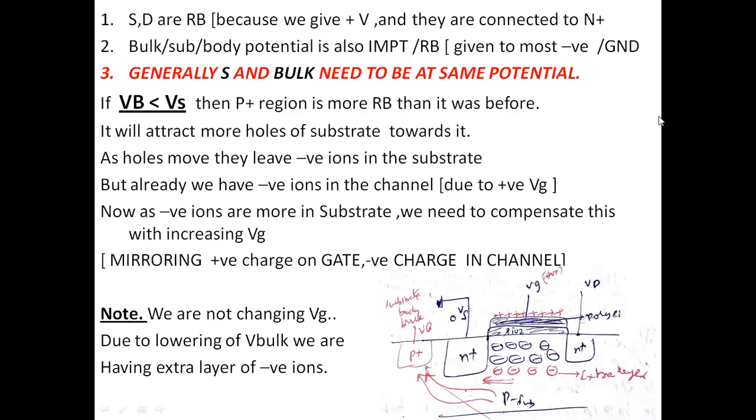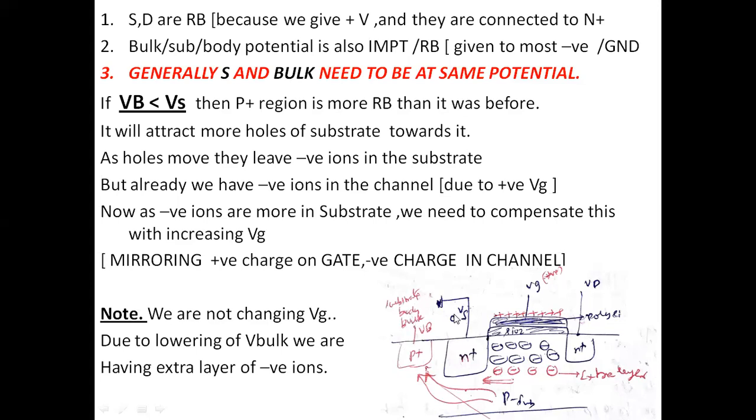Except for small changes, this substrate or the body is represented using a P plus well, as the substrate is of P type material, and we call this VB. What is VB? VB is the substrate voltage or the body voltage or the bulk potential.